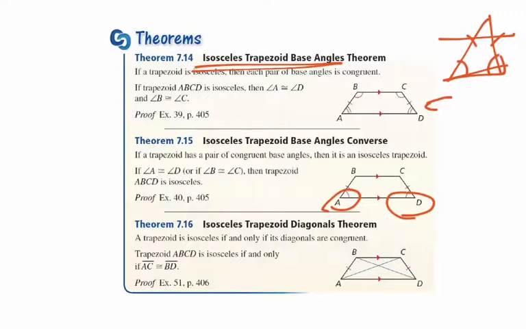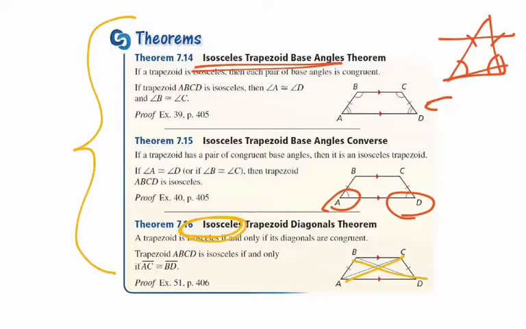It's an isosceles trapezoid. Now this last one is unique, kind of like a rectangle. If it is isosceles, only isosceles, not any old trapezoid, then those diagonals are congruent to one another. So all three of these theorems are just about isosceles trapezoids.